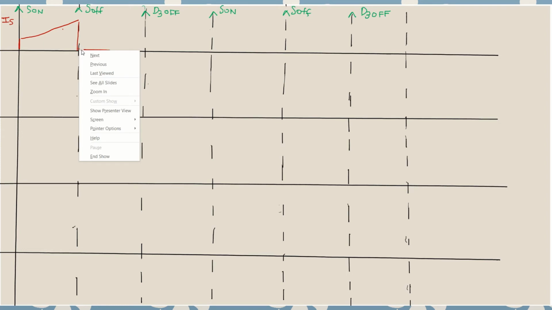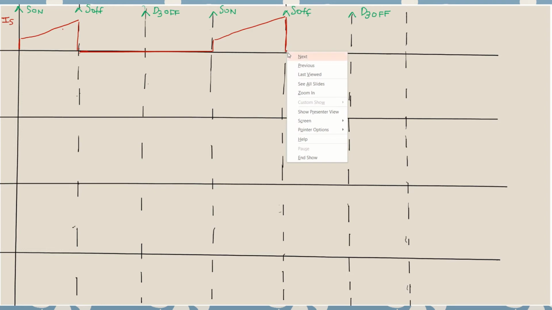Of course, this is 0, yeah? And again, when the S is on, there's IS, it repeats. And when the switch is off, of course, it is 0 again.